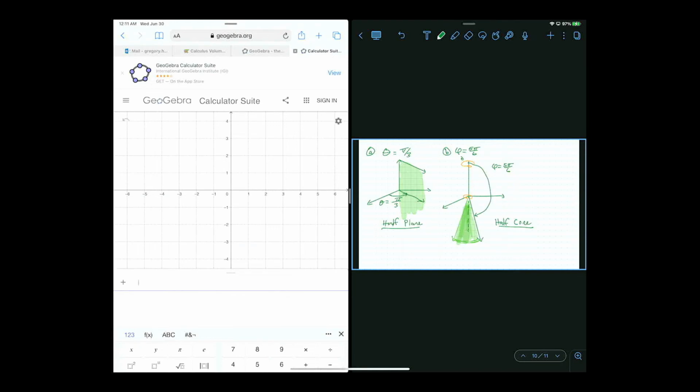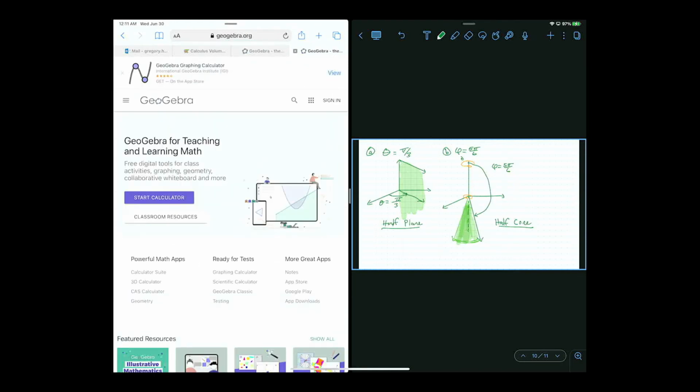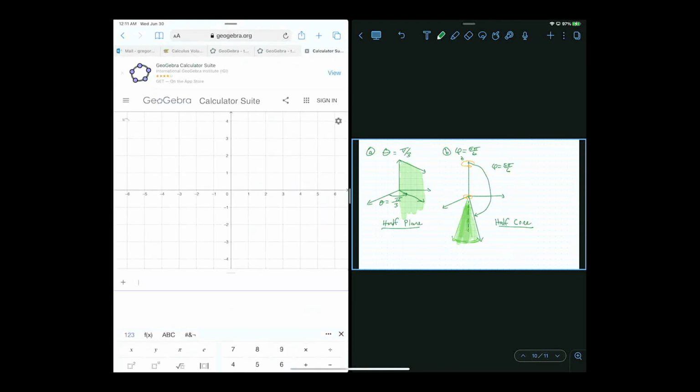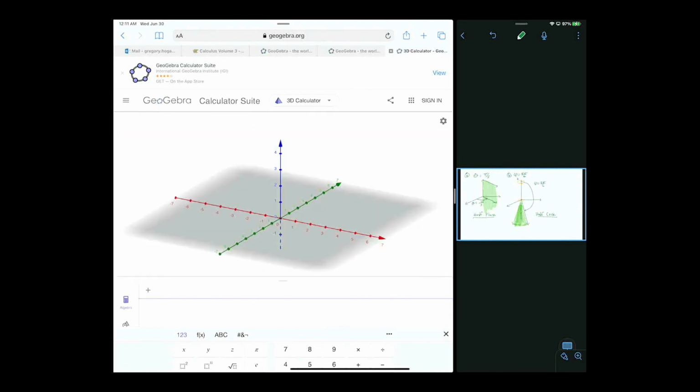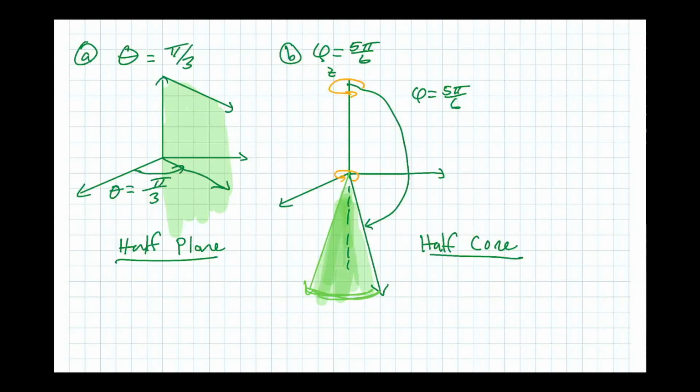So I'm just going to double check it here. I lied. I don't know if I can do this in spherical coordinates, so I'm actually not going to do that.